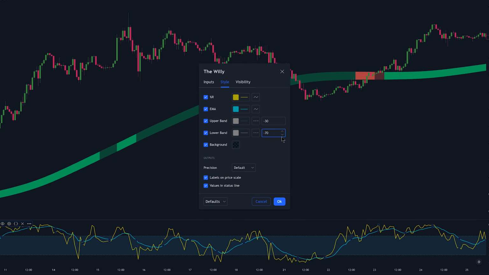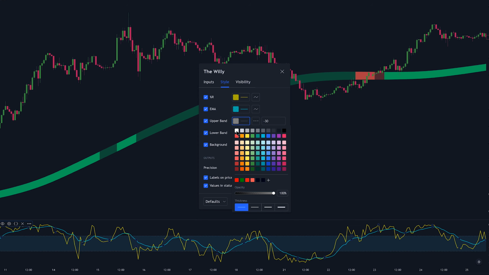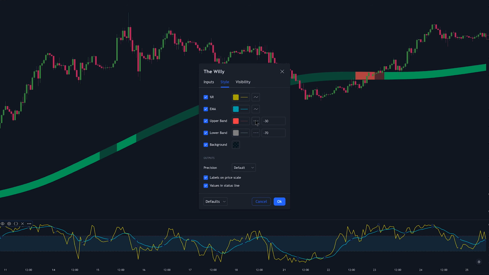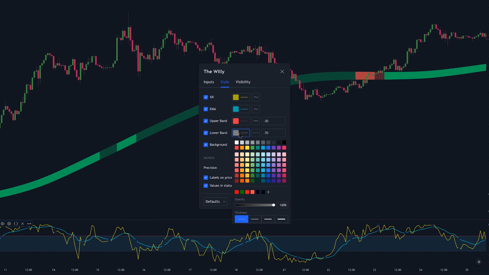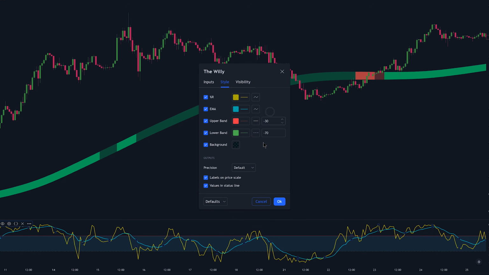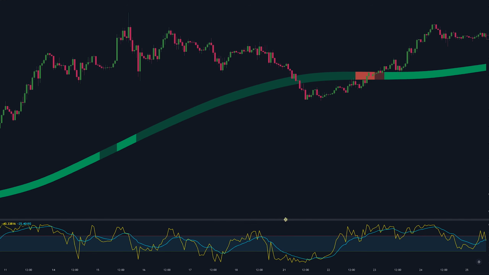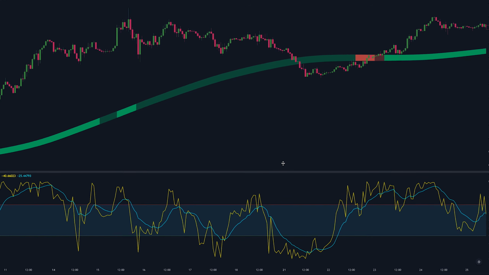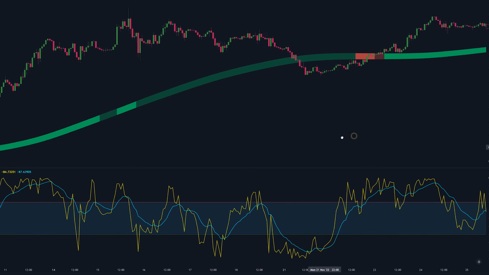And then you're going to change the upper band's color to red and change the display style to line. Then here you're going to change the lower band's color to green and change the display style to line. And then click OK.